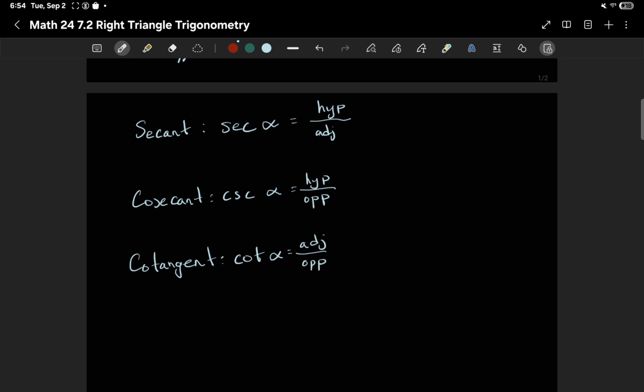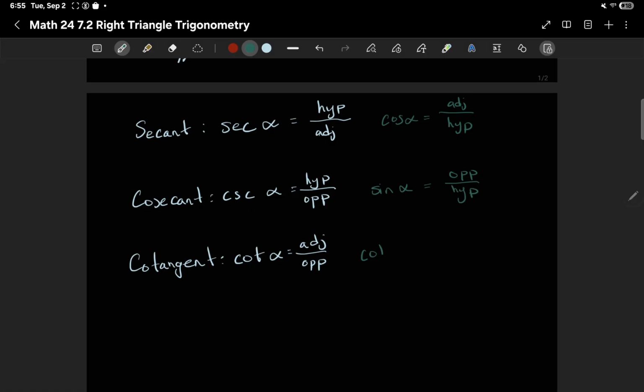So if I go back to what we had before, remember that cosine of alpha was just equal to adjacent over hypotenuse. Sine of alpha was opposite over hypotenuse.